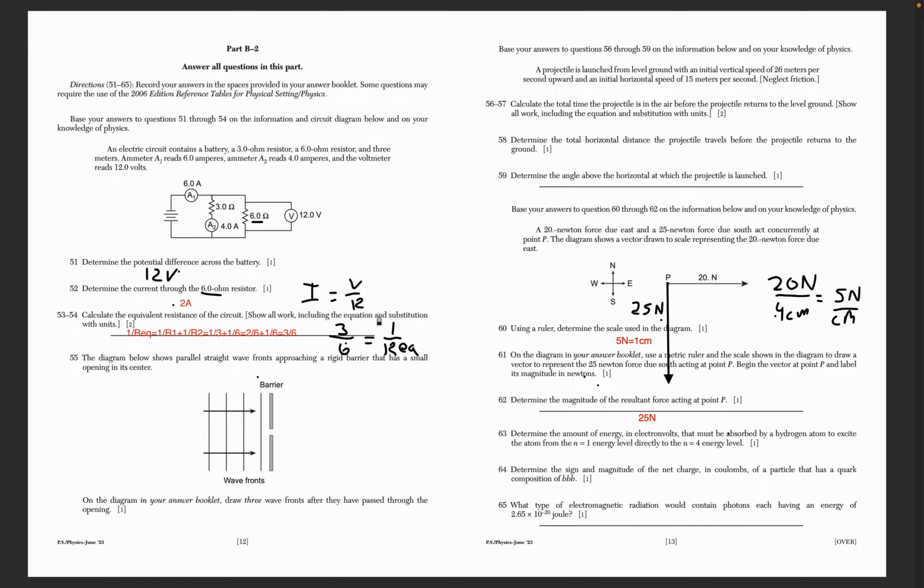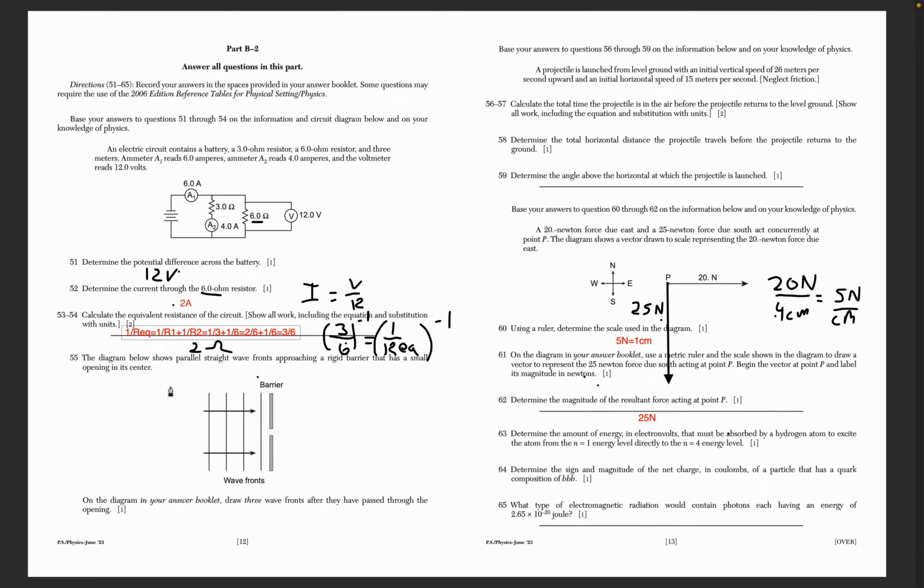To solve for R equivalent, we have to take the inverse. If we take the inverse, 6 over 3 means 2 ohms. In the real exam, you would of course have to use the units, but there is no ohms symbol on the keyboard, so I'm going without units here, but on the test you use units, of course.